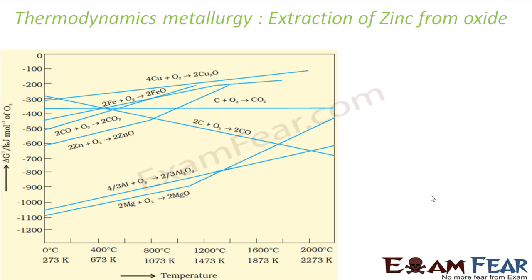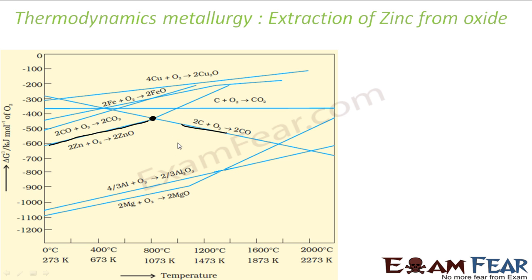The next is extraction of zinc from the oxide. For the extraction of zinc from oxide, we'll use this reaction. If you see the reaction of carbon plus oxygen giving carbon monoxide, these two lines merge at this point.